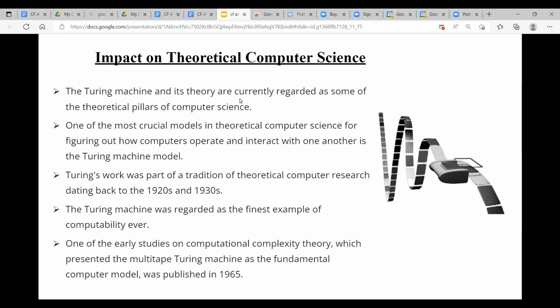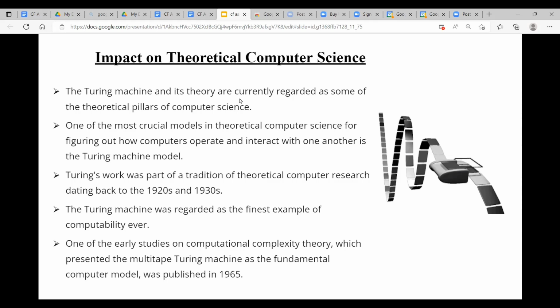It is a common resource when researching fundamental issues like what is an algorithm, what is a computation, what is a physical computation, what is an efficient computation, etc. One of the most crucial models in theoretical computer science for figuring out how computers operate and interact with one another is the Turing machine model. It serves as a foundational paradigm for study into many different computer science subdisciplines.